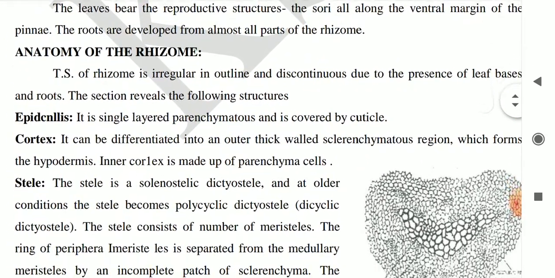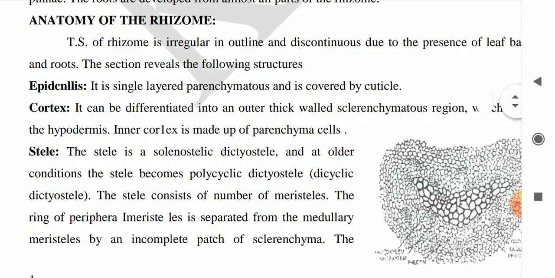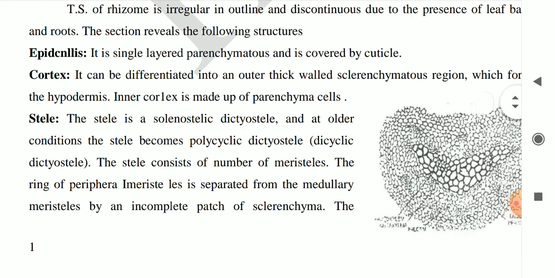Going to the anatomy of the rhizome, this is a very important aspect in Pteris. You will study the anatomy of the rhizome only. The TS of the rhizome shows an irregular outline. The outermost layer is the epidermis, and below that you will find the cortex region.